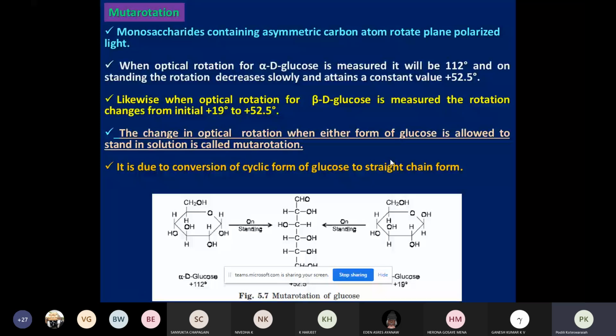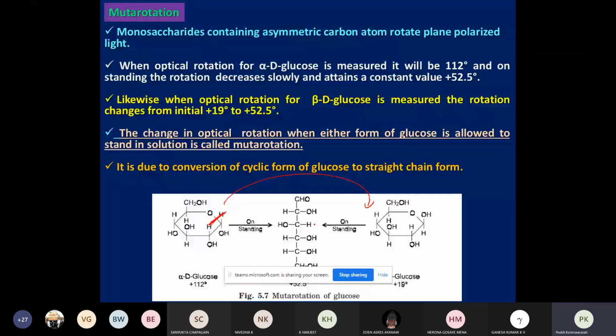Mutarotation is nothing but the interconversion of one monosaccharide anomer into another anomer. For example, when alpha D-glucose is dissolved in water, initially the ring opening takes place and it goes into the open chain form, and the ring closes again in a different orientation, and it also forms beta D-glucose.